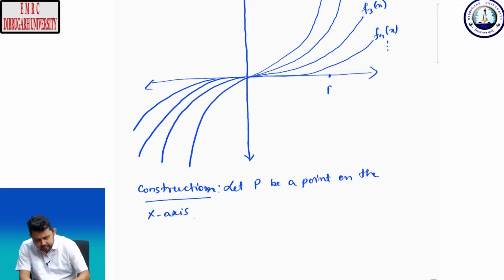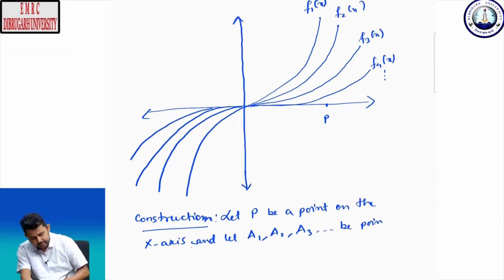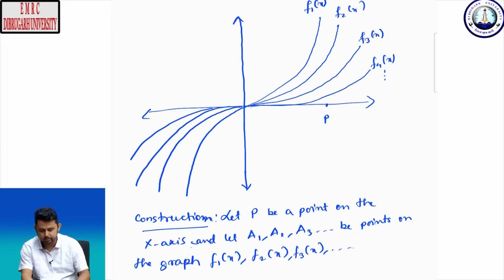Here we have P. So, P is a point on the line y equal to 0, and let A1, A2, A3 and so on be points on the graphs of f1(x), f2(x), f3(x) and so on.